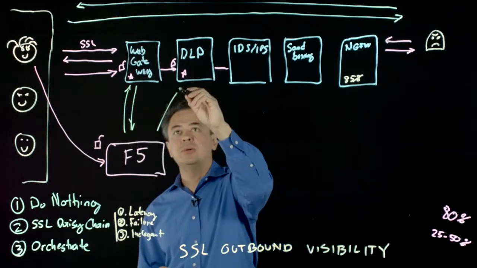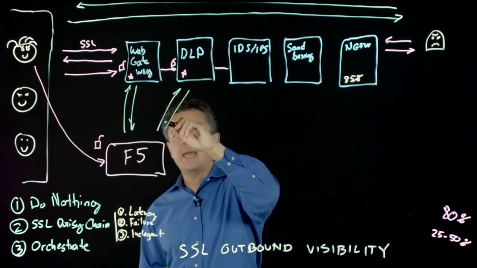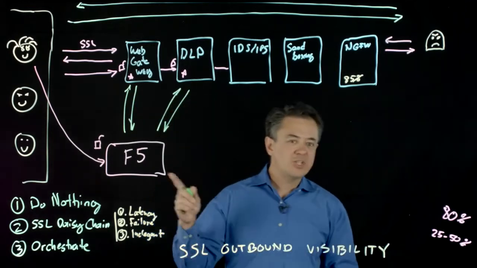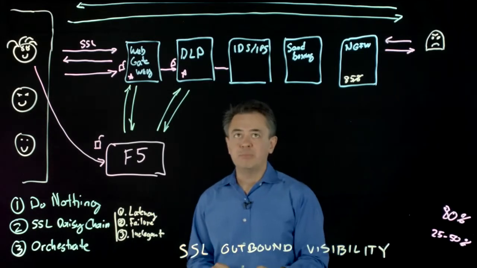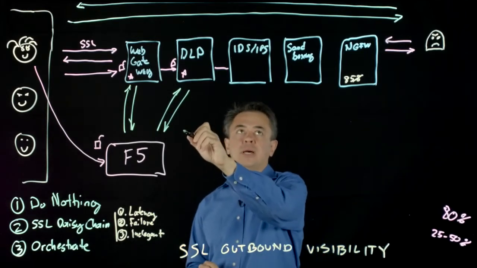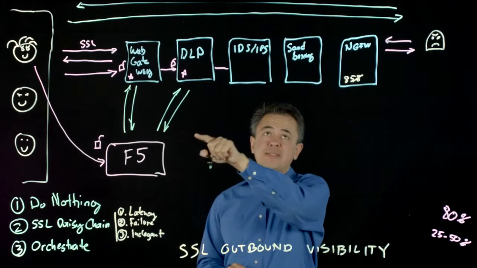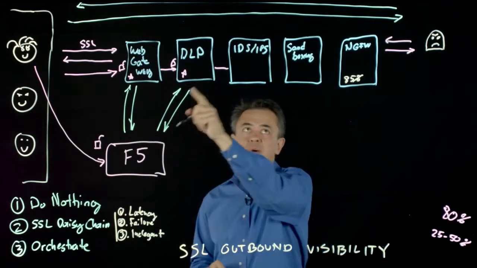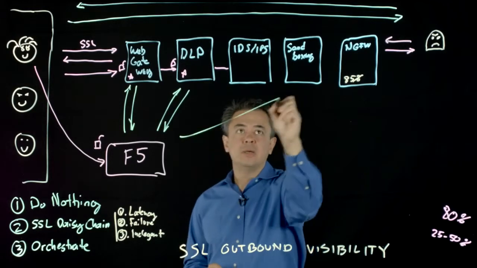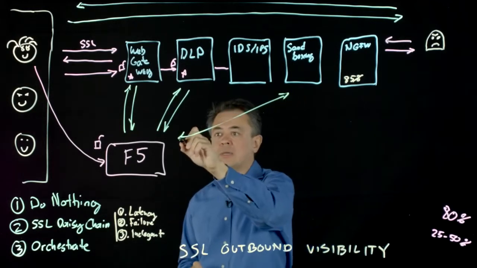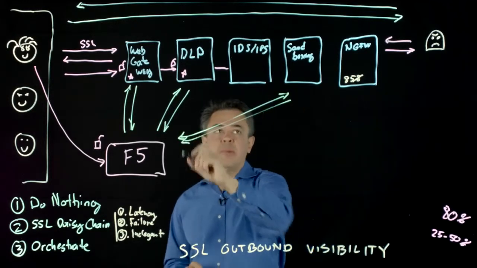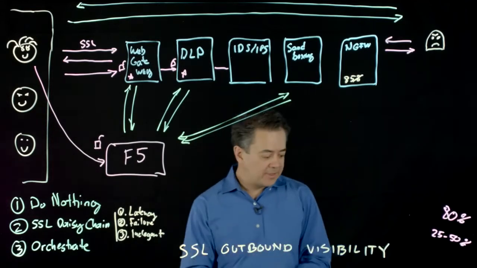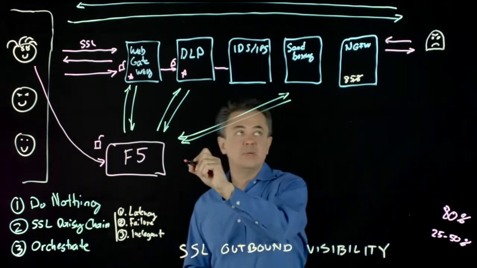Let's send it via ICAP to the DLP system, just to make sure she's not transmitting stuff out that she shouldn't be. The administrator can decide for Sally or users like Sally, I want to send it to web gateway, DLP, the sandbox. I don't want to send it to IDS, IPS, right? Come back this way. And if all that checks out, then finally we send it out.